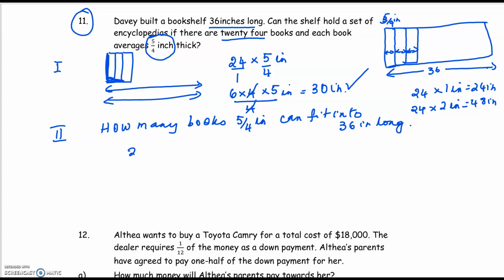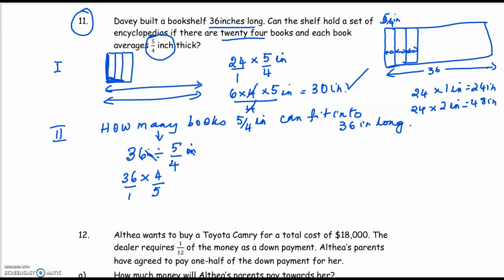Which means I take 36 inches and I divide it by 5/4 inch. The inches get cancelled because one number is in the numerator and the other is in the denominator because of this division. And what I get as an answer is just a count, a number. So we change division to multiplication. We get 36 times 4/5.